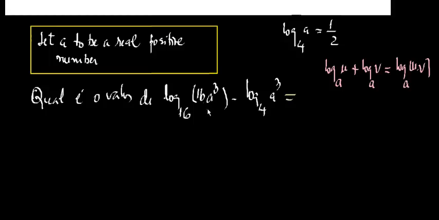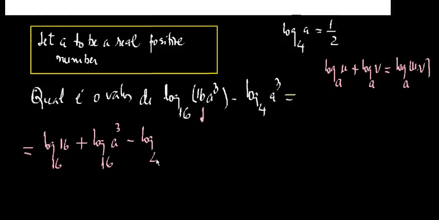So I'm going to apply this property to evaluate this expression. It is like this: logarithm in base 16 of 16 plus logarithm in base 16 of a cubed minus logarithm in base 4 of a cubed, okay?